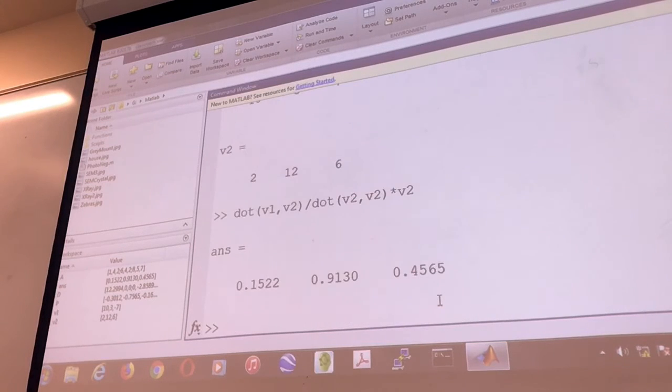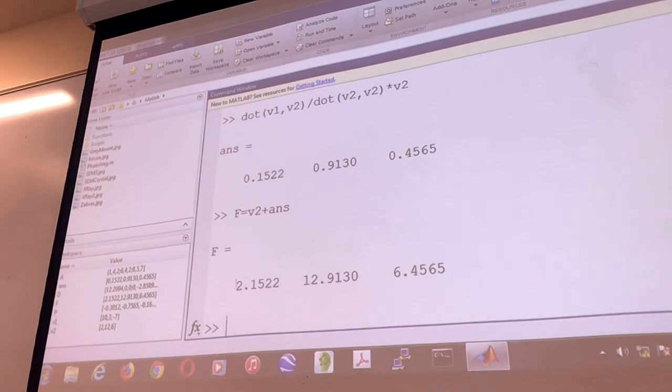So if I were to do this, I would get this vector here. You see V1 doesn't really have a whole lot of force in the direction of V2, but there's a little bit. So if I wanted to find my total force, it would equal V2 plus that answer. So that would be my total force in that direction.